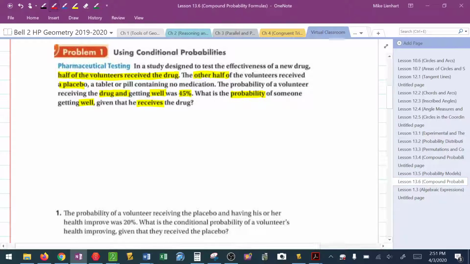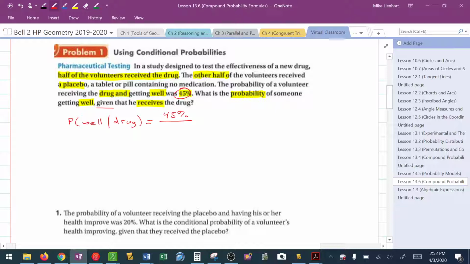So the probability that we're trying to calculate here is getting well given that they received the drug. According to our formula, the numerator, or success in our probability, is all those that got well and received the drug, or received the drug and got well. That was 45%.